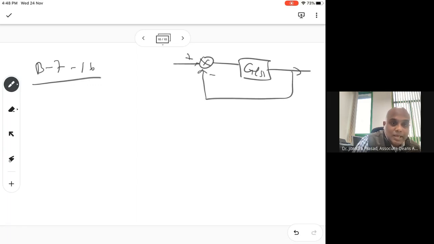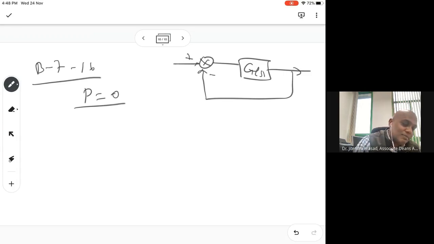Okay, and what information is given? Consider the closed loop system shown in the figure. G(s) has no poles in the right half s-plane, so P equal to 0 is given.